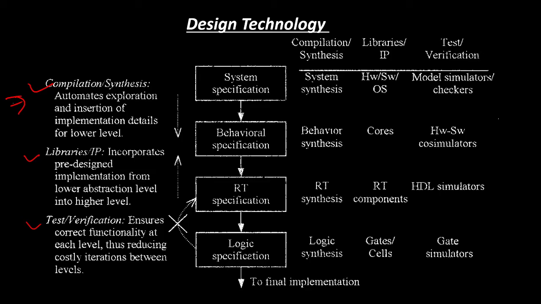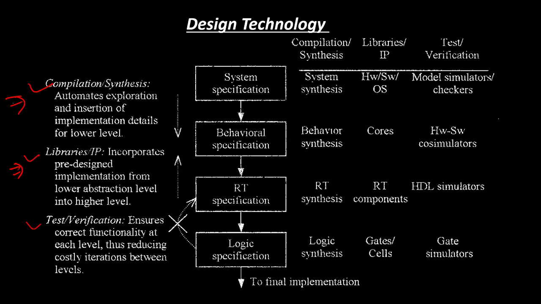Now coming up on libraries or IPs, we have libraries involve reuse of pre-existing implementations. Using libraries of existing implementations can improve productivity if the time taken to find, acquire, integrate, and test a library item is less than that of designing the item oneself. A logic level library may consist of layouts of gates and cells.